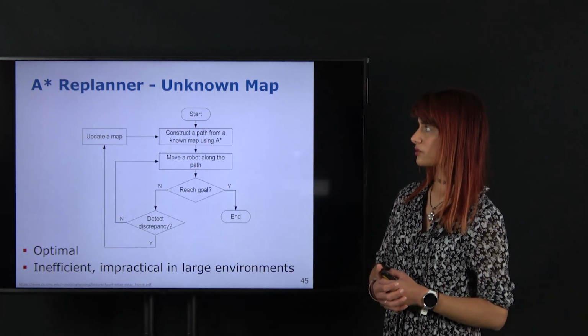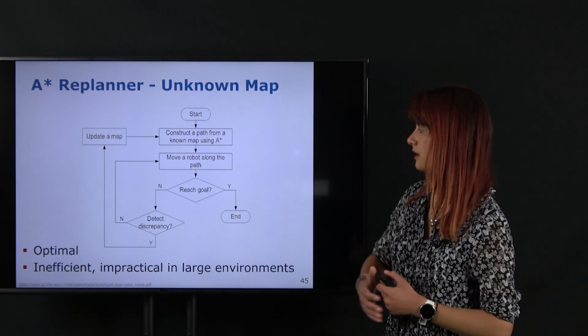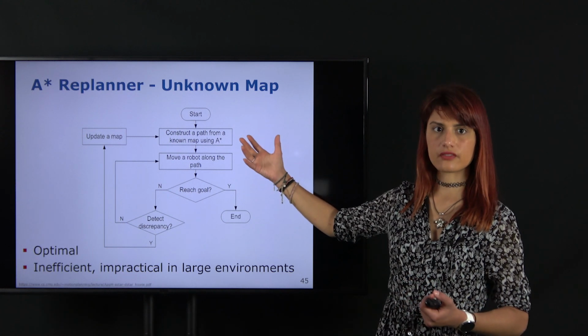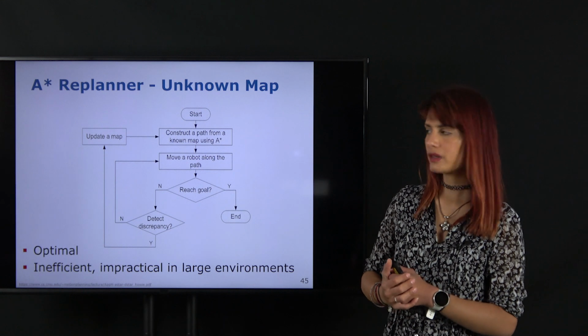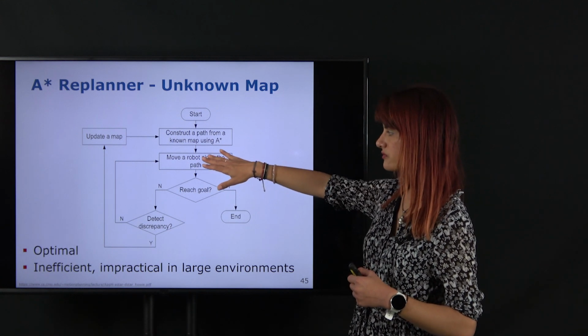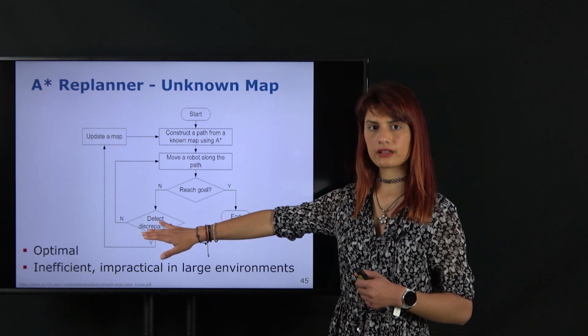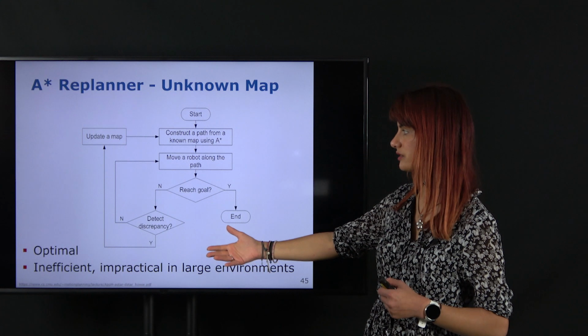Here's a flowchart of what the A-Star Replanner would look like. We first generate the path in a known map using the conventional A-Star, or weighted A-Star if we want. And then when the robot moves, we need to check whether there has been a discrepancy in the environment, so whether the obstacles have changed.